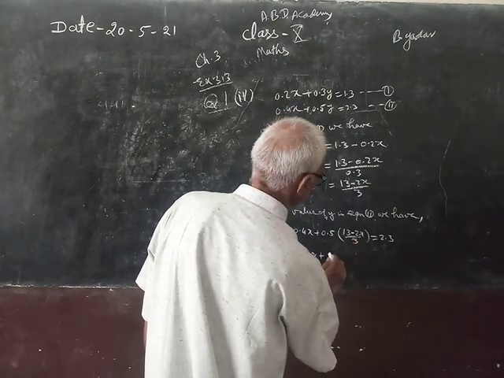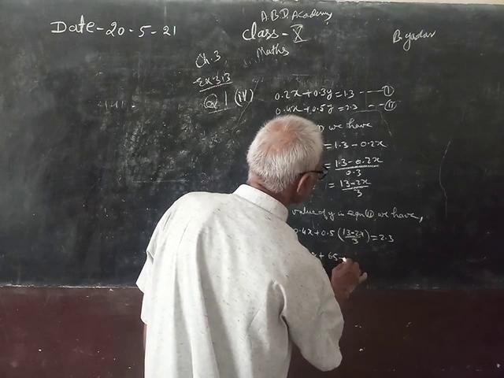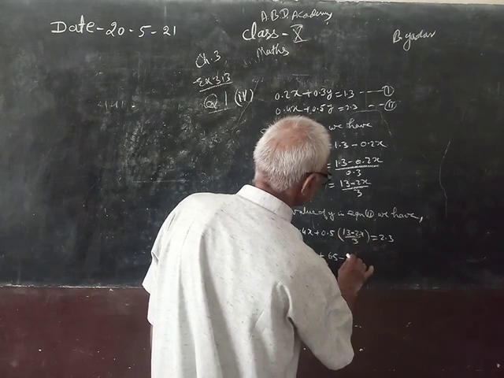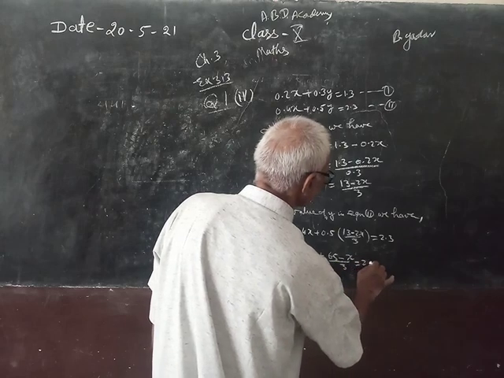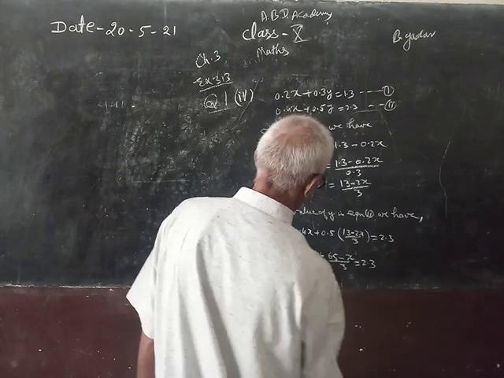It becomes 6.5 minus 5 into 2, that is 1x upon 3, is equal to 2.3.